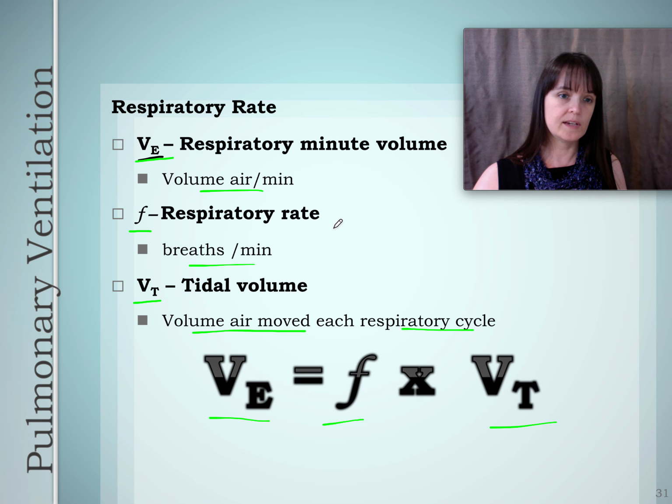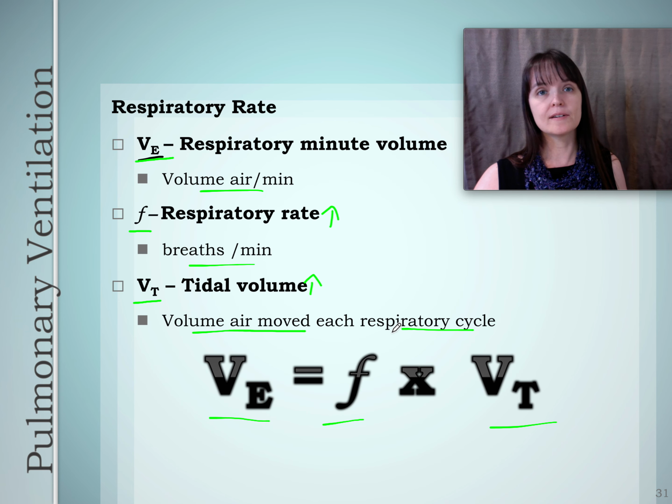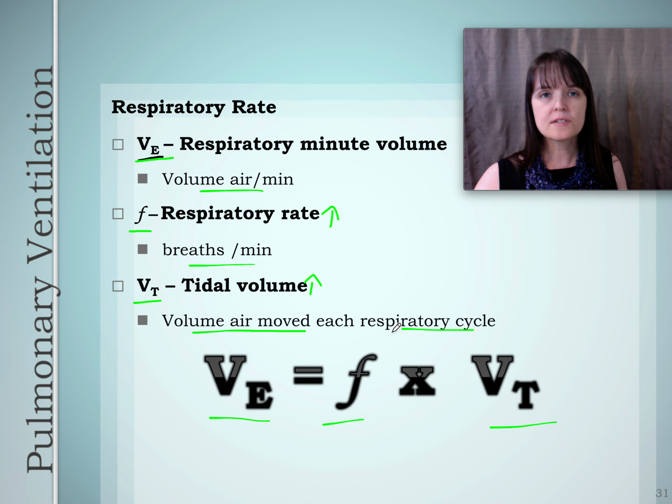It can be increased by either increasing the respiratory rate or increasing the tidal volume. So increasing the breaths per minute or increasing the amount of air moved with each breath, which is the same thing we said about cardiac output. Same thing, except air, not blood.